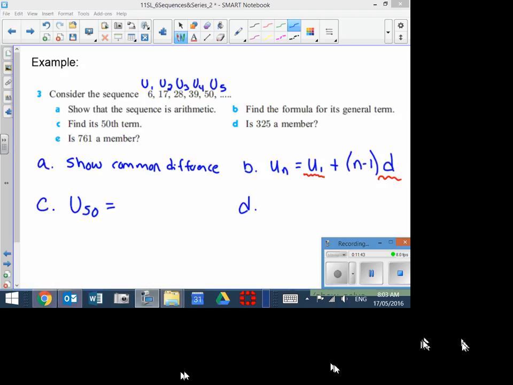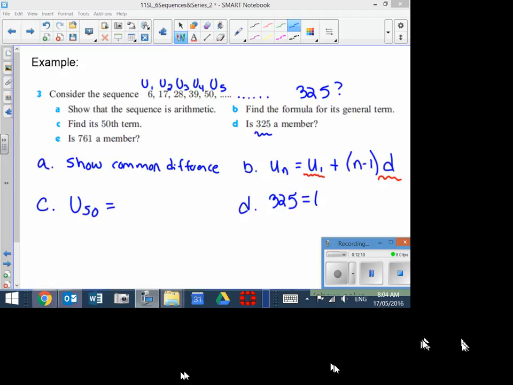Part D is asking, is 325 a member? They're asking, if you continue the sequence, would you ever actually get to 325? Well, if I want to know if I'm going to get to 325, I want to know if 325 is an actual term. And since we don't know exactly what term it is, we are going to let it be the left-hand side of our general term formula.